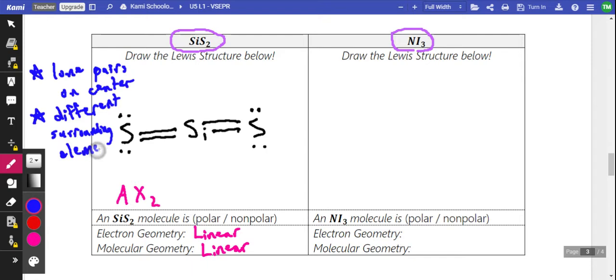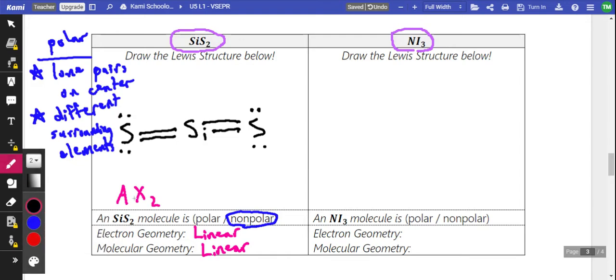In this case, I've got no lone pairs on silicon, so that's leaning towards nonpolar. And I have the same element bonded in both cases of these atoms, so it's going to pull the electron cloud the same way, whether it's this sulfur or this sulfur. So both these cases that could make the molecule polar are not happening this time. So in this case, this is a nonpolar molecule.